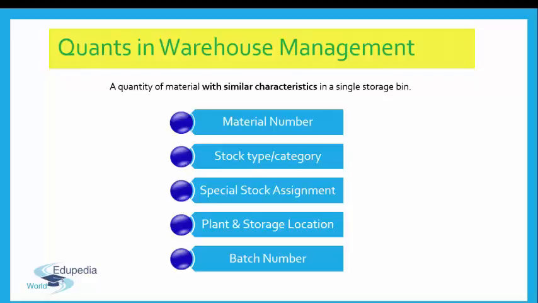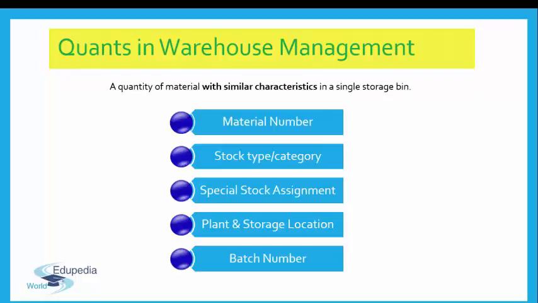So basically, what warehouse management does is it measures stock in terms of quants. When you're looking at your storage bin, you are able to view the material in that storage bin in terms of quants. And now the system uses certain criteria to determine what goes into a quant.